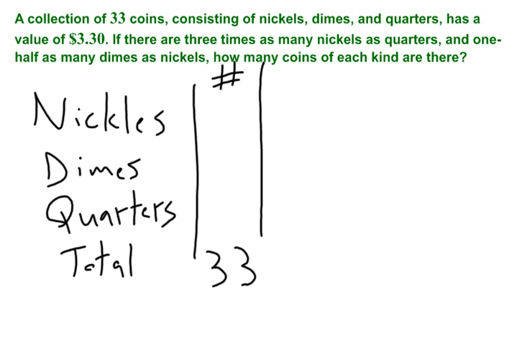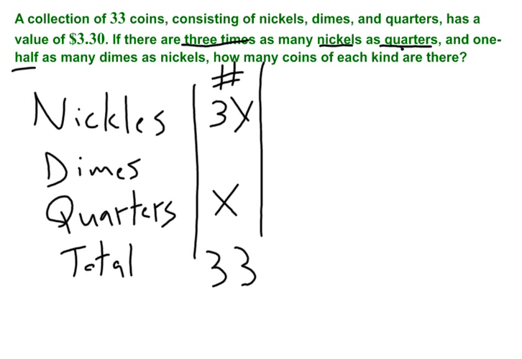So that's interesting. Unlike many problems, we found out how many actual coins we have, along with other information relating them to each other. So it tells us there are 3 times as many nickels as quarters. So the thing that things are being compared to, that's the quarters here, we will set that as x. But there's 3 times as many nickels, so that is 3x.